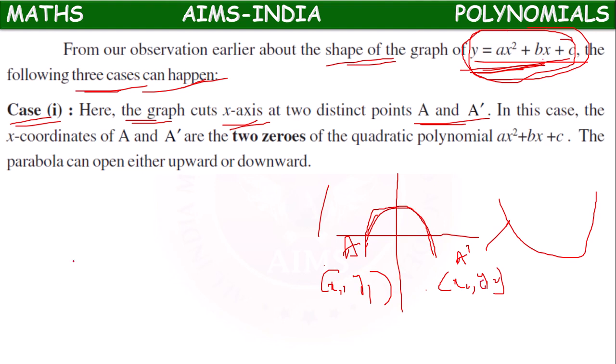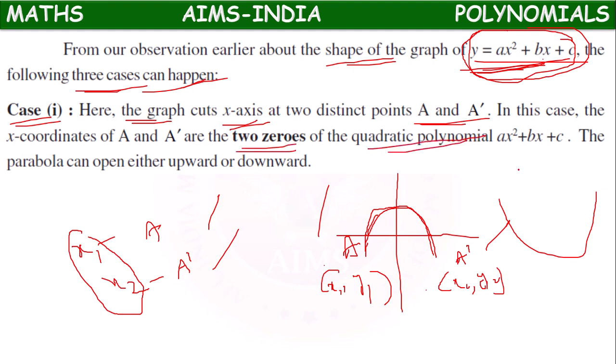The x coordinates, x1 at A and x2 at A dash, are said to be the two zeros of the quadratic polynomial ax square plus bx plus c. The parabola can be either upward or downward.